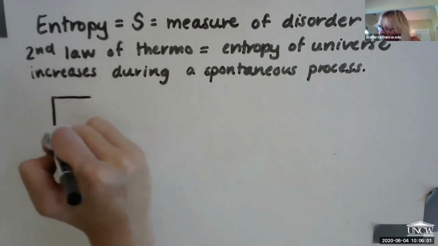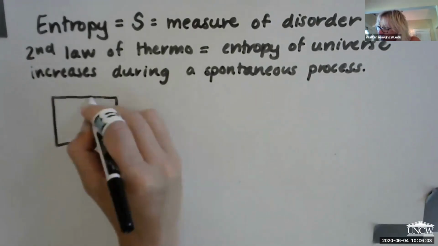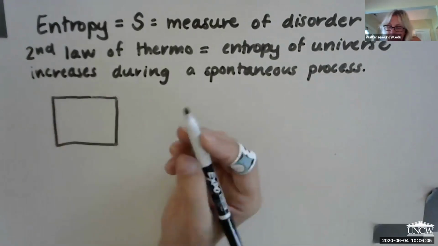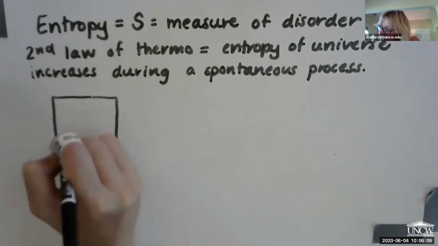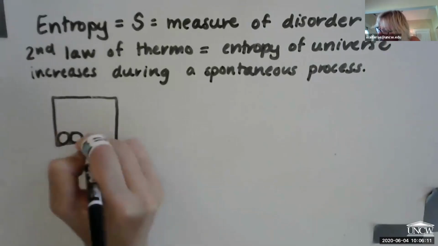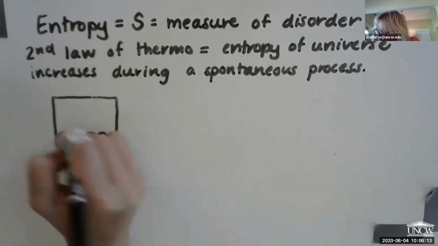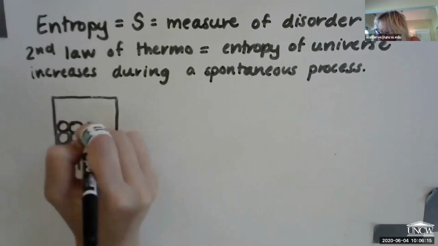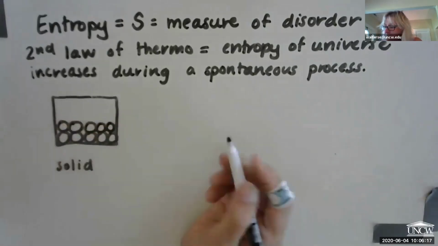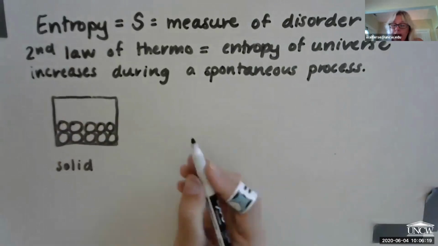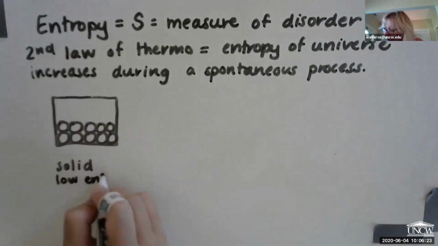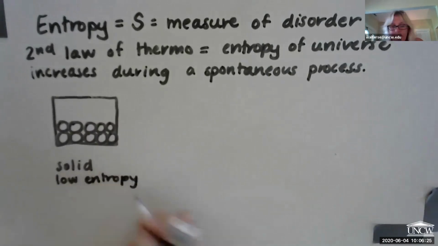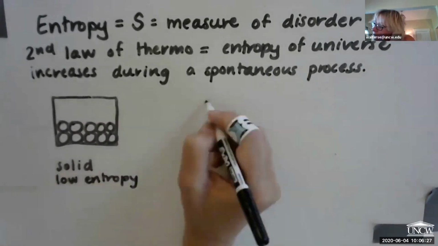So if you have, and you consider that to be like a beaker, if you have a solid, then your solid is going to be highly organized. So this would have low entropy. Okay.